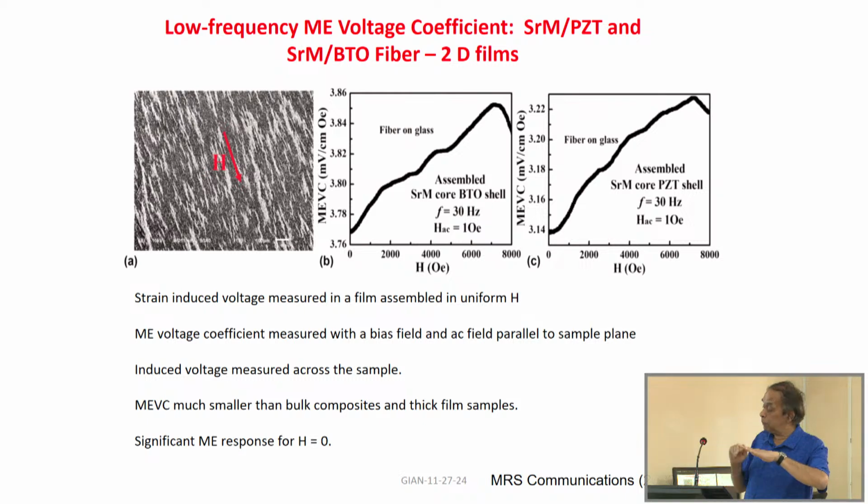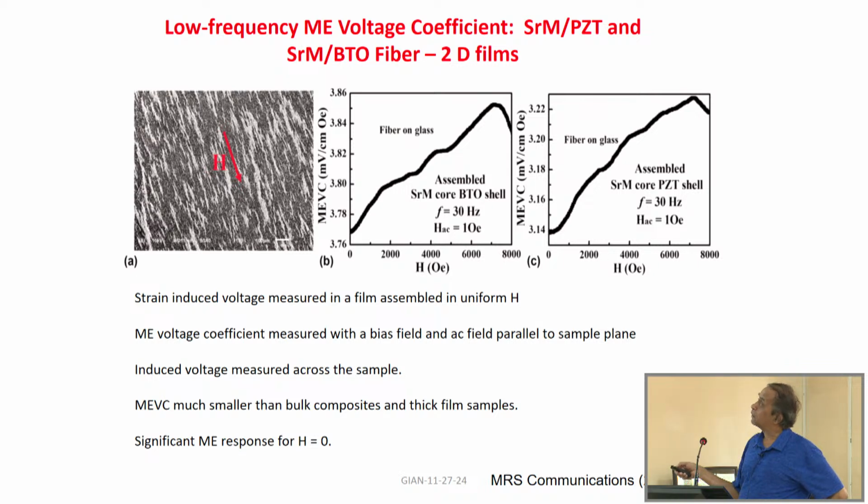So, these fibers will align along the field orientation, and depending on how much fiber you use, the film can have highly concentrated fibers or thinly populated fibers. Okay. So, if you have a film with very low concentration of fibers, the overall magnetoelectric voltage coefficient will be small. But if the concentration is high enough, you will have a much better value for the voltage coefficient.